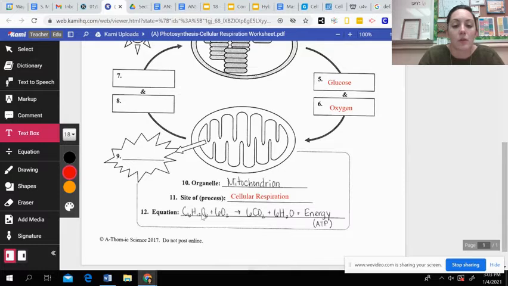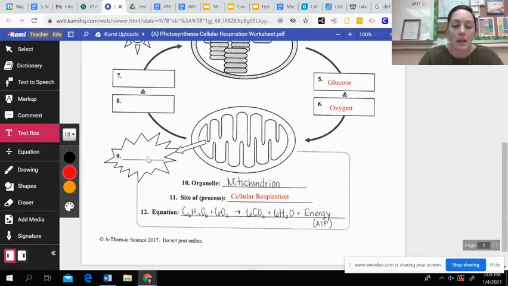So we have that glucose molecule again, the C6H12O6, and then the 6 oxygen molecules. Again, they produce 6 carbon dioxide molecules and 6 water molecules. They also produce an amount of energy, which for cells is in the form of ATP energy.